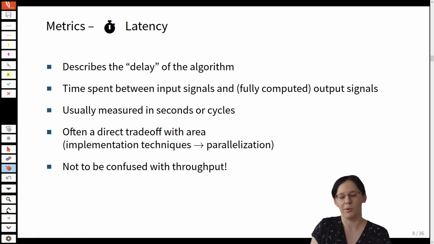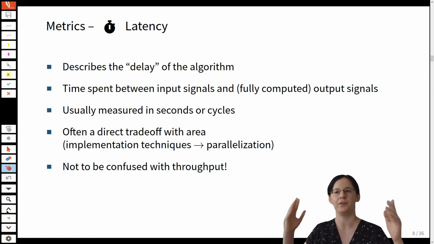And in block ciphers, it's a bit artificial, but if you look at actual encryption schemes or hashing schemes, then you see that a low latency absolutely does not guarantee a high throughput. So for high throughput, it can sometimes be very beneficial if you process your data in very large blocks.